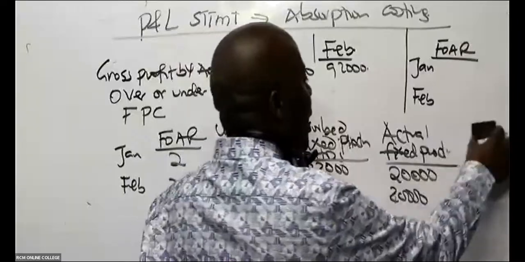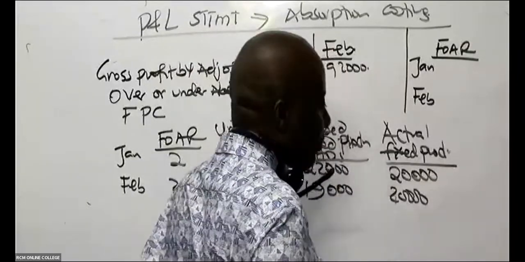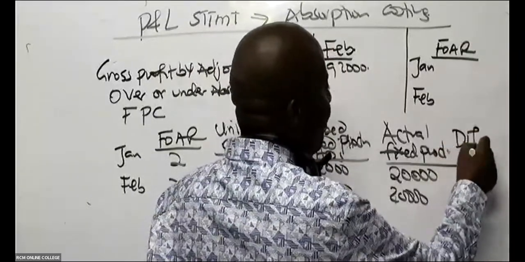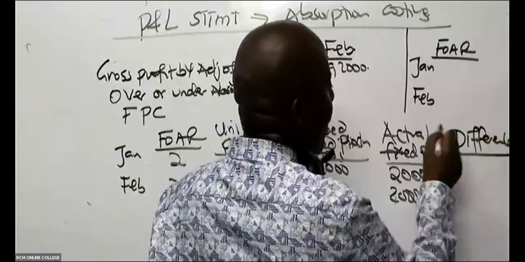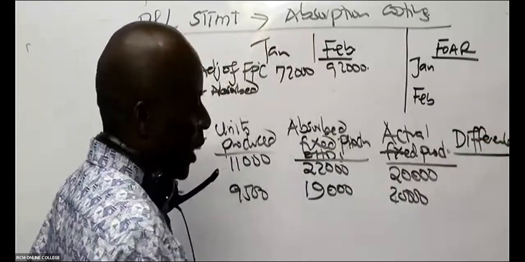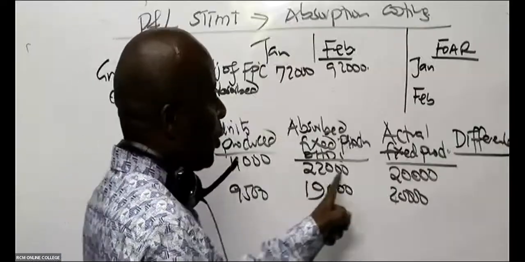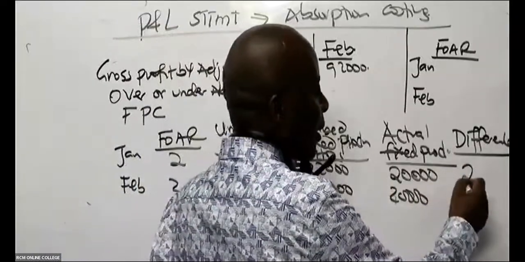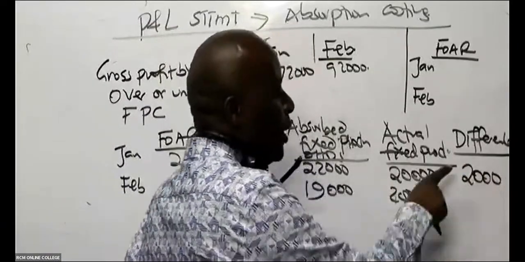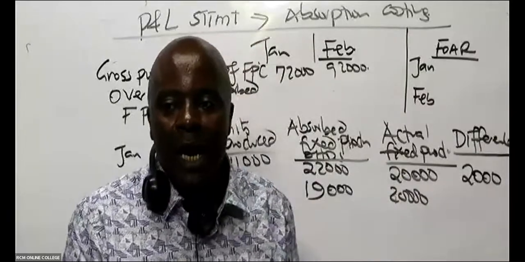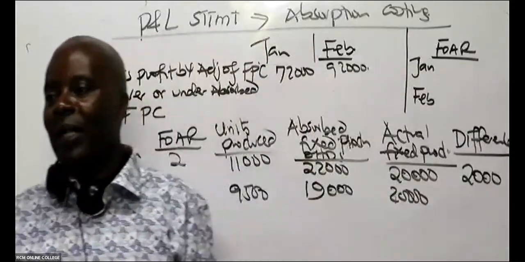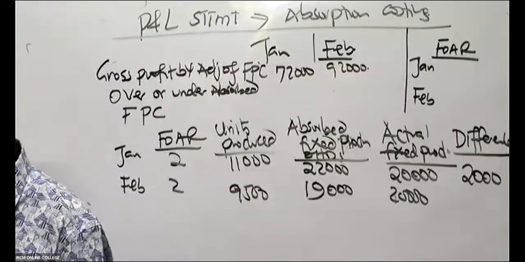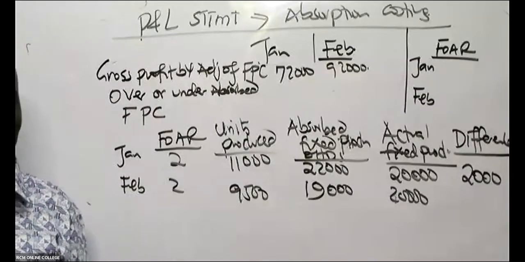So then come here and give me a column for difference. So 22,000 minus 20,000, that gives me 2,000. So is this over absorbed or under absorbed? Is this over or under?